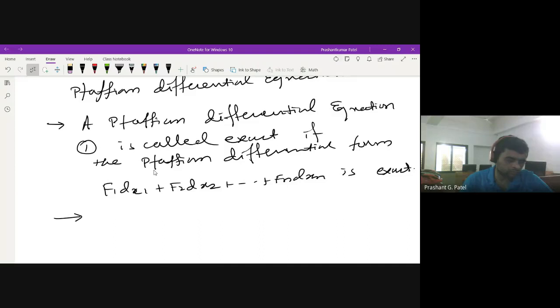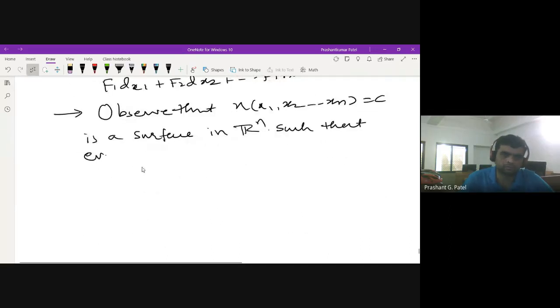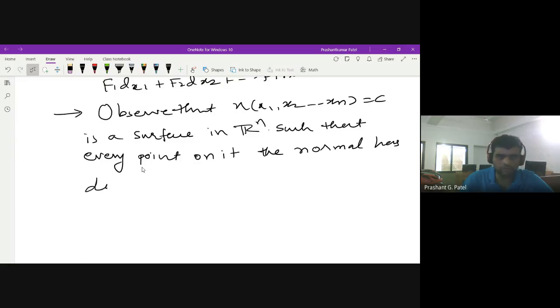The second note: observe that u of x1, x2, up to xn equal to constant is a surface in Rn such that at every point on it, the normal has direction ratio F1, F2, up to Fn.